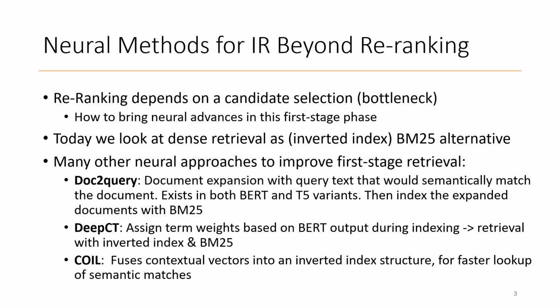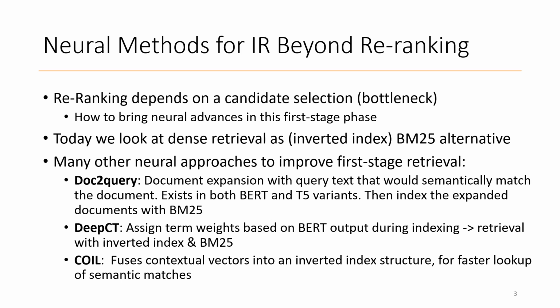Although before we start, I want to acknowledge there are a lot of other very cool techniques how neural approaches can improve first stage retrieval. And some of them are listed here. So a very popular approach is doc2query, which actually does document expansion with potential query texts that would semantically match a document.